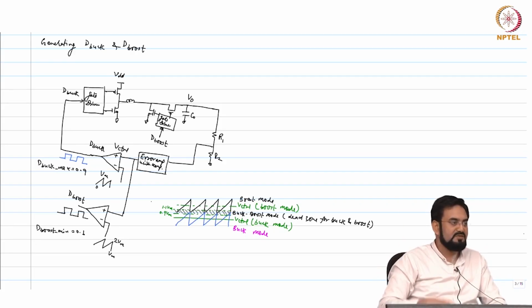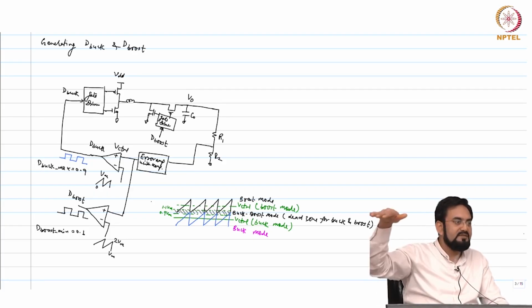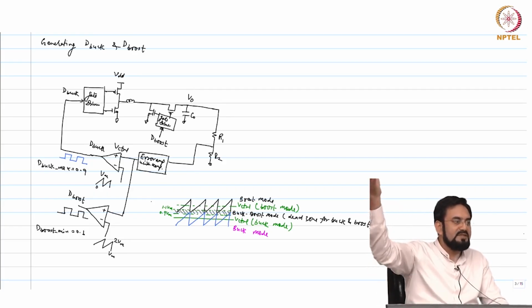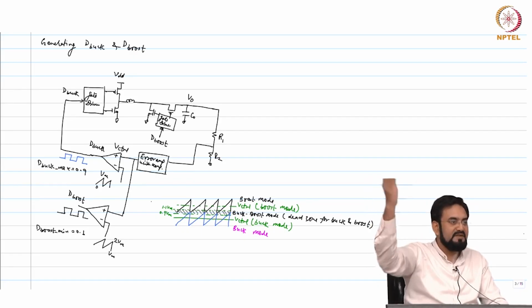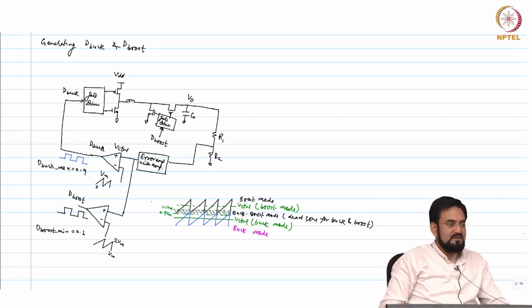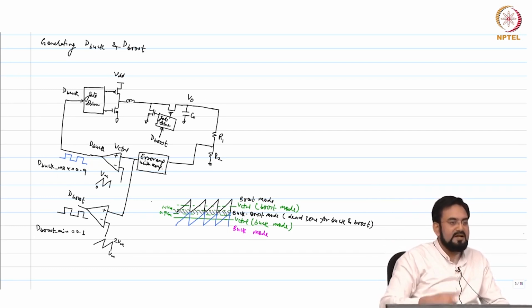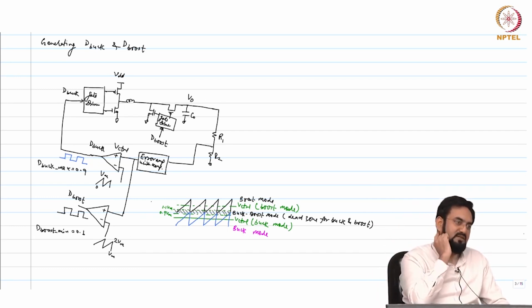So let's say you start from 0.9 VM corresponding to 0 code, and let's say I have a 3-bit. Okay, so all 0 means 0.9 VM, all 1 means 1.1 VM. In between, you will get all the codes. Another way, you just use a comparator, compare the output and feed it in the accumulator.